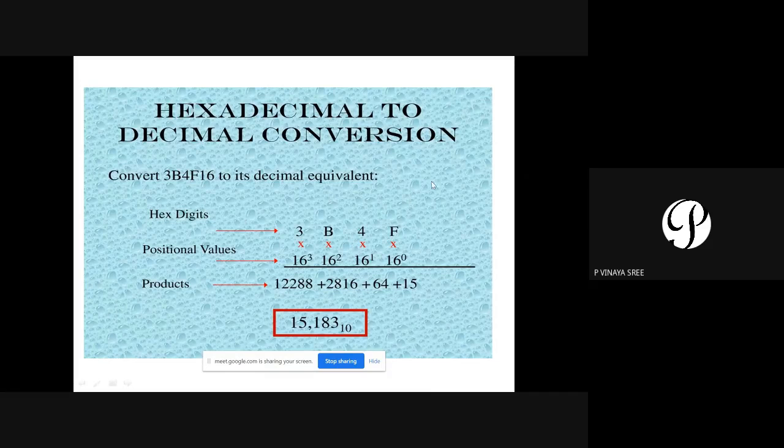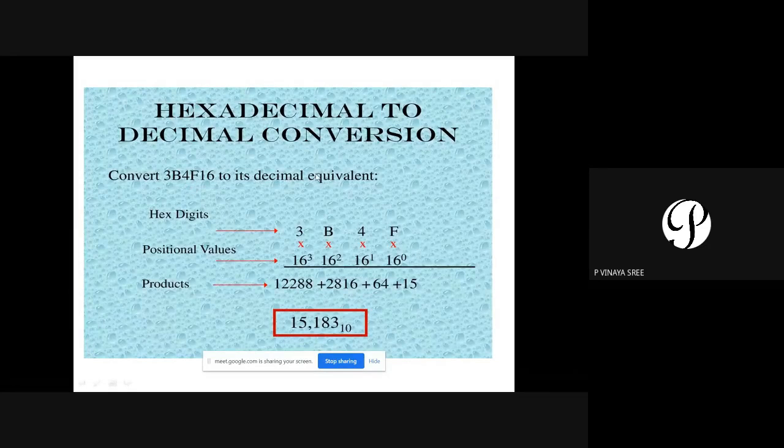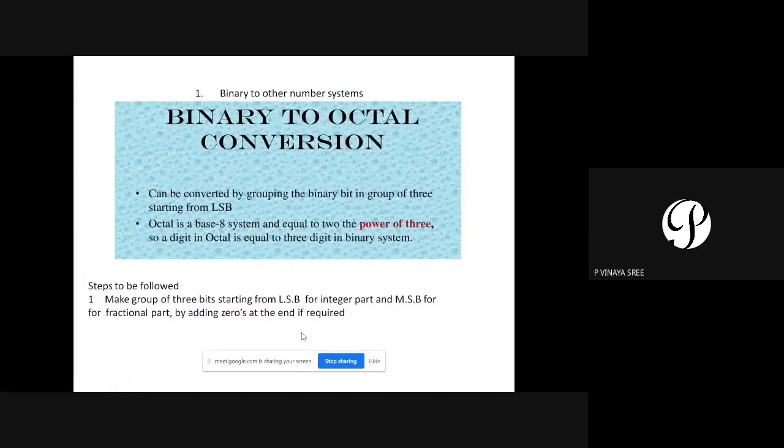On the side, mention the numbers and symbols, and based on that keep the equivalent number and calculate. So this is the final result of converting the hexadecimal number 3B4F (base 16) to its equivalent decimal number, that is 15,183.